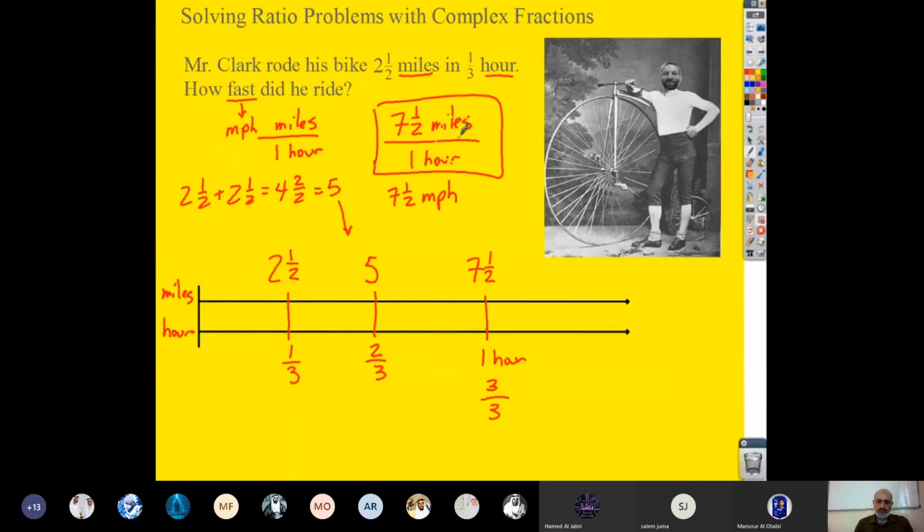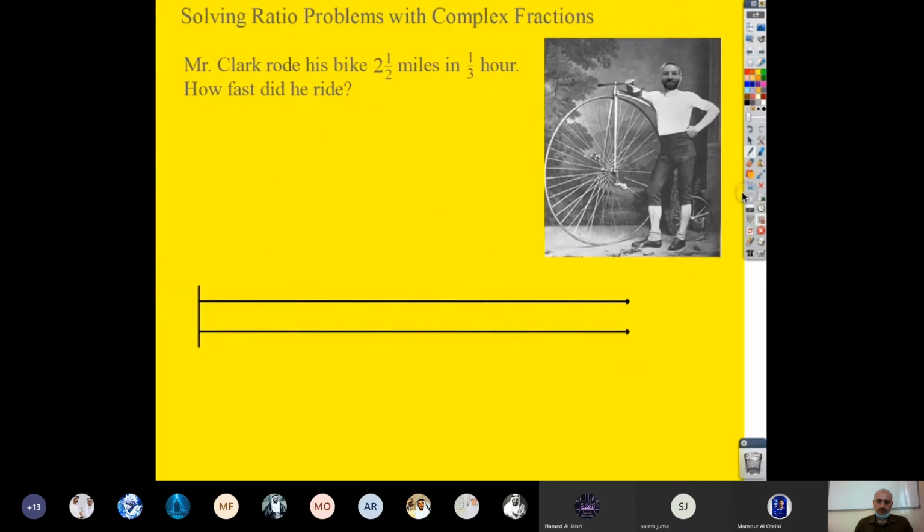And again, keeping the ratios nice and lined up, using the units, I think it's just a nicer way of doing it. You could also have done this by using a complex fraction. This would be miles per hour.